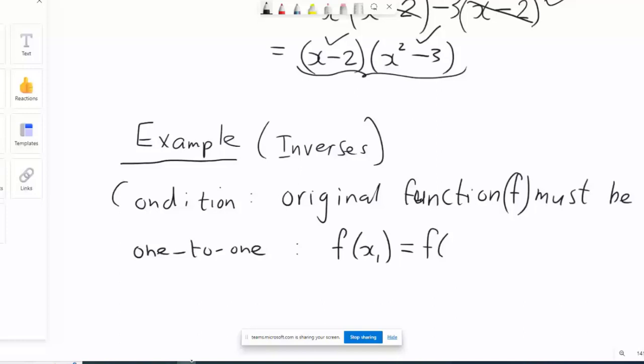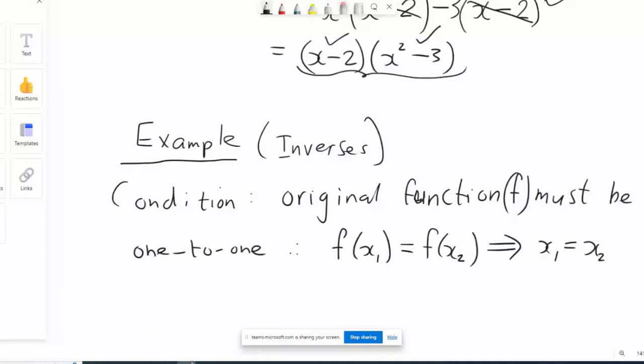So if you have two points, x1 and x2, such that f of x1 and f of x2 are equal, then x1 and x2 must be the same. Do you understand the definition? Yes.